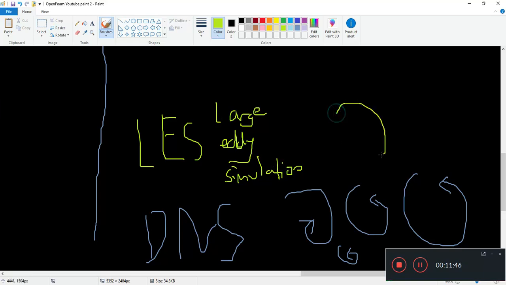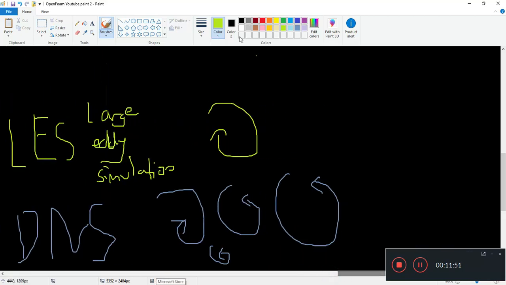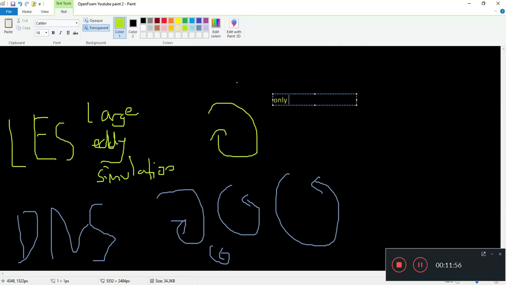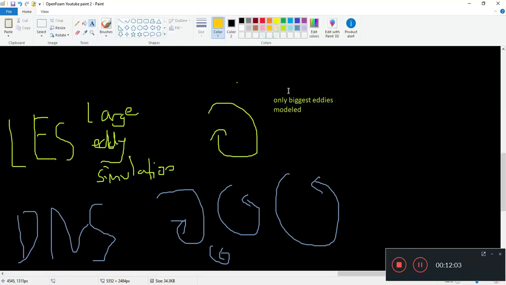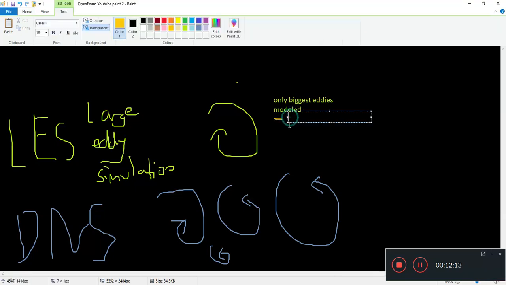So I say I only want to model the biggest eddies. Why? Well, because the biggest eddies are the ones that tend to carry the most momentum, and maybe in some other cases, heat or energy.